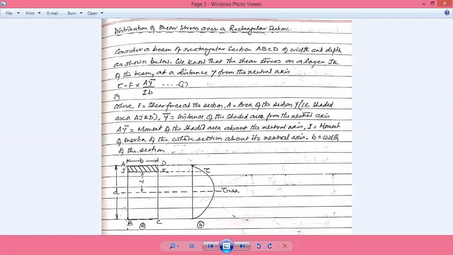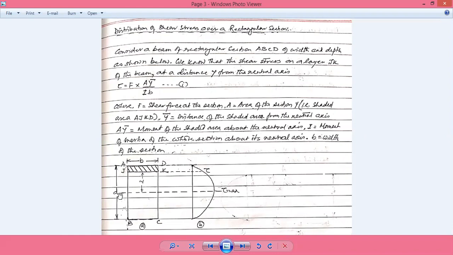Here we have to use this formula because y bar is not our requirement, since y bar is the distance of CG of the entire area above the neutral axis. Here we want to know a particular section, so y bar will not be our point of consideration.